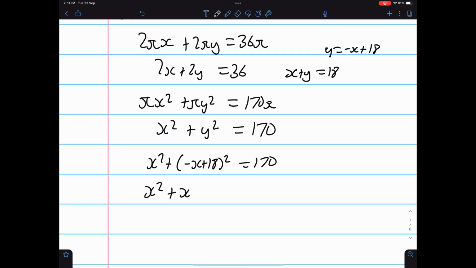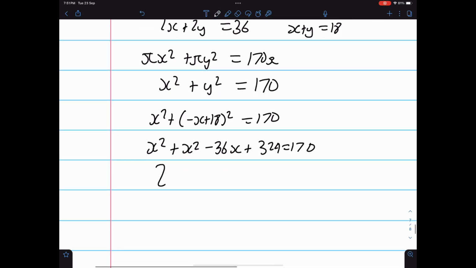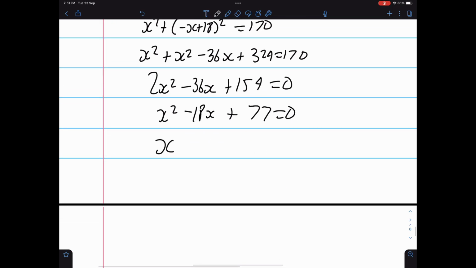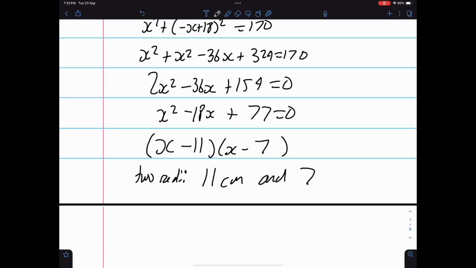So x squared plus x squared minus 36x plus 324 equals 170. 2x squared minus 36x plus 154 equals 0. x squared minus 18x plus 77 equals 0. And this is easily factorised. So the two radii will be 11 cm and 7 cm.